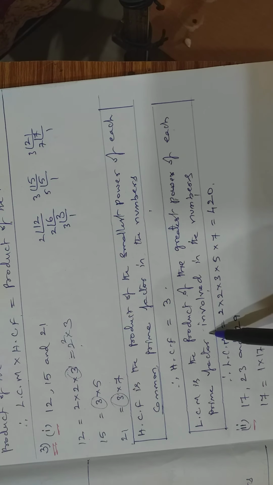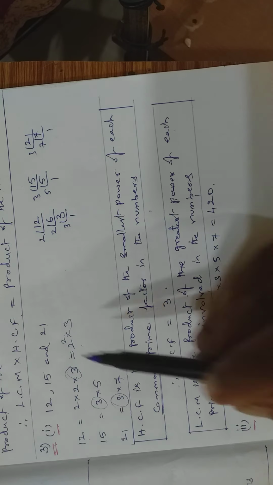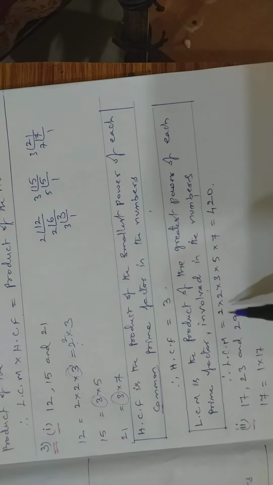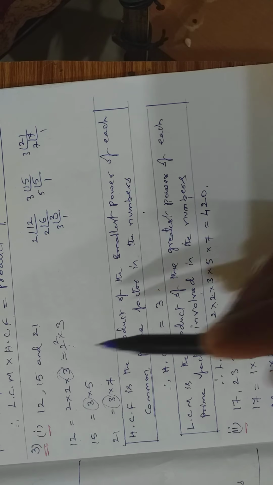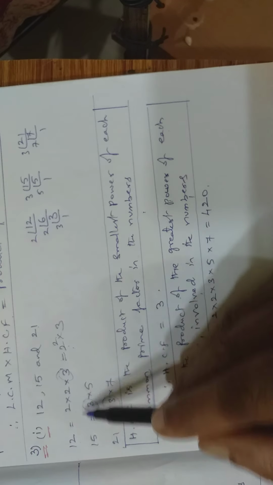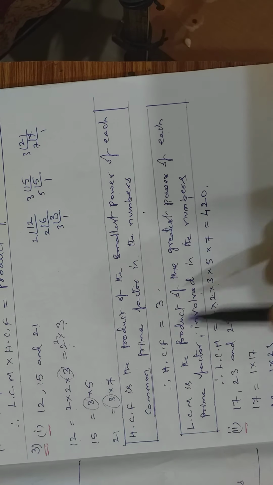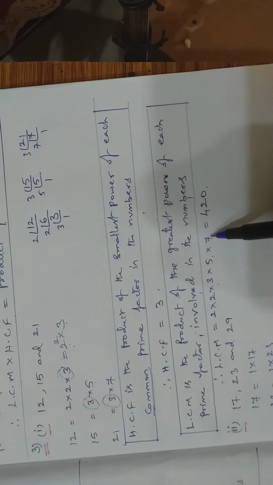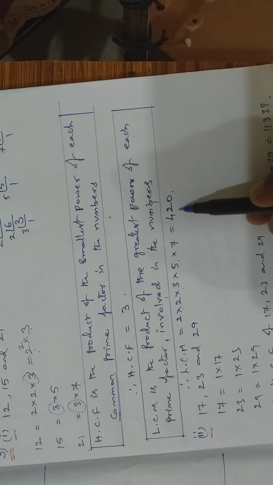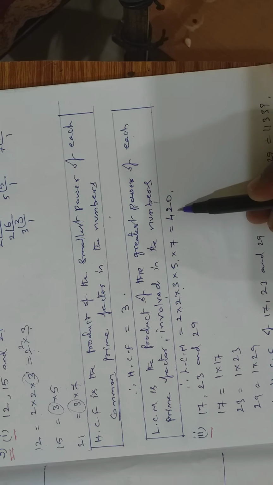But while we are finding the LCM, we should not go with only the common prime factors, we should go with each and every prime factor in the factorization. Now, among 2's, 2 square means 2 into 2. Among 3's, 3 is common in all, so it is enough to take it only once. Then 5 and 7. If you multiply, the LCM is 420.